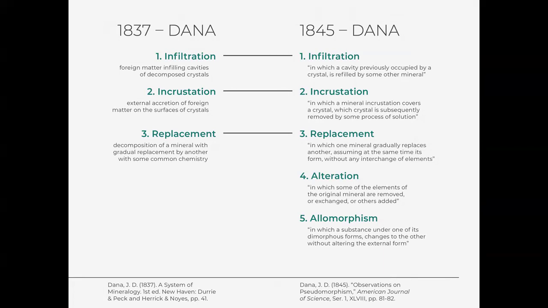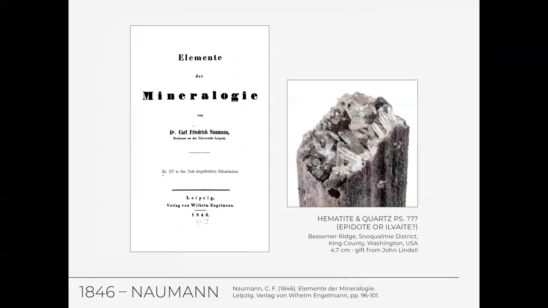He makes 2 additions: transformation pseudomorphs, those with chemical exchange by addition, loss, or exchange of constituents. Those are added under the title alteration. He has also added allomorphism to address changes between dimorphs where the chemistry does not change. Now, Naumann publishes again 18 years after his first commentary on pseudomorphs, and he's made some changes as well.